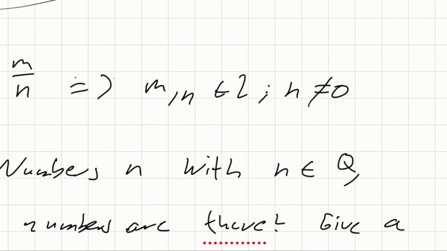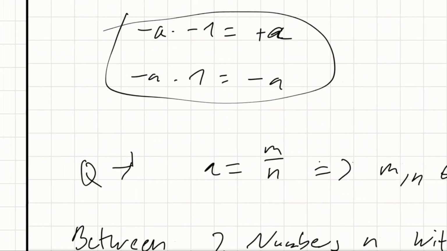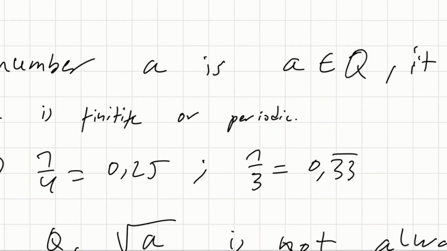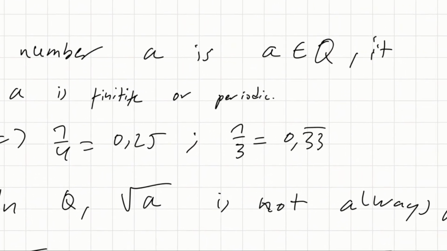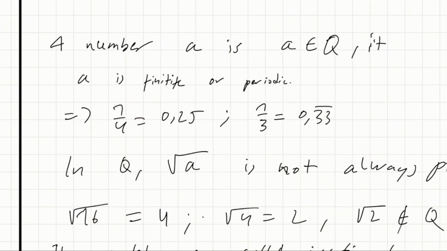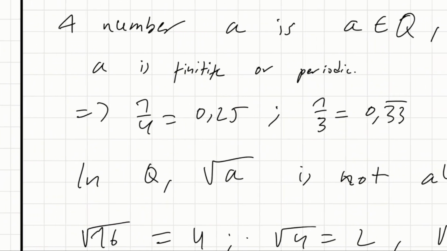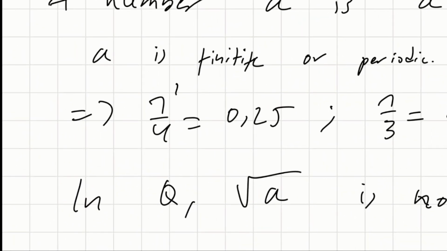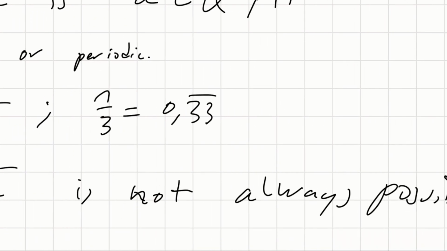What is important for our rational numbers is that a number a, being an element of the rational numbers, is finite or periodic. For example, 1/4, where both are integers, is nothing else than 0.25, so this is not infinite. And 1/3 equals 0.333 with a period, so it goes 3, 3, 3, 3, and so on.